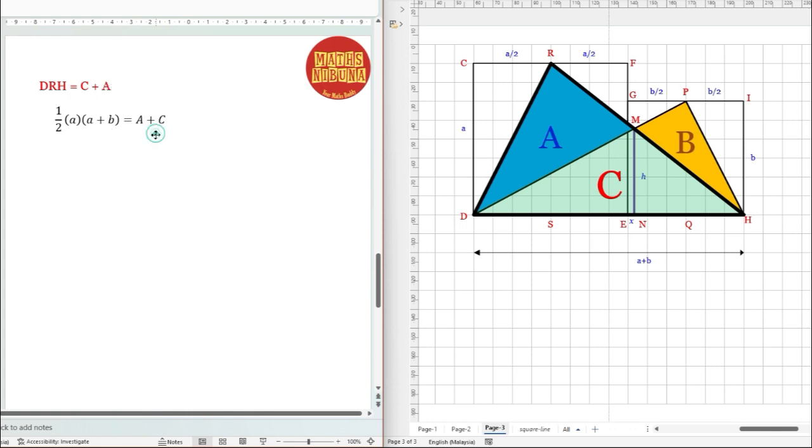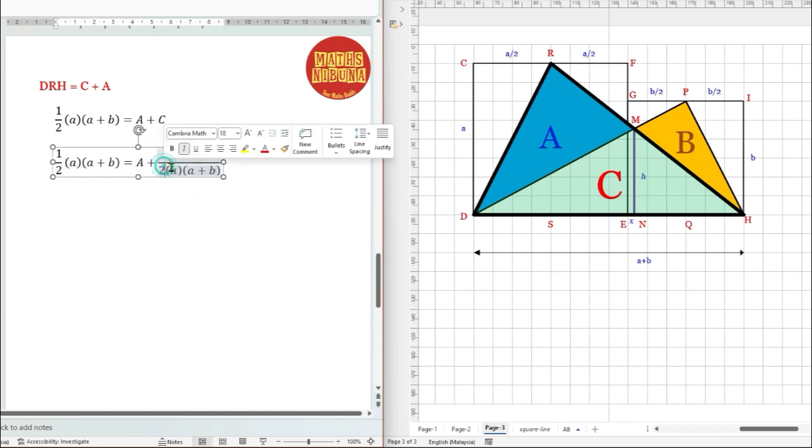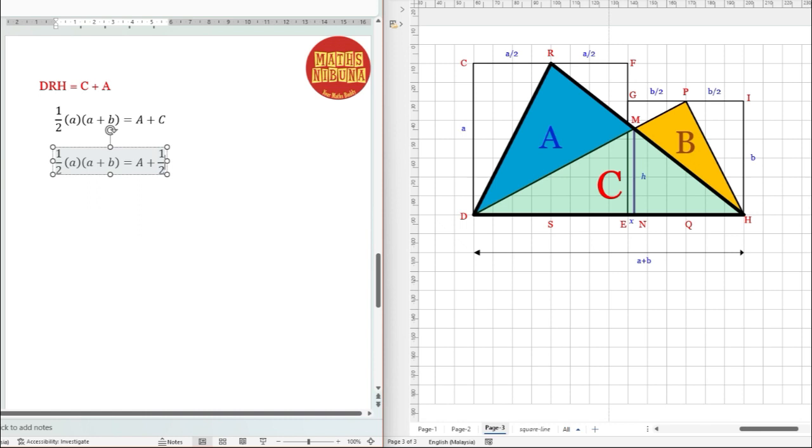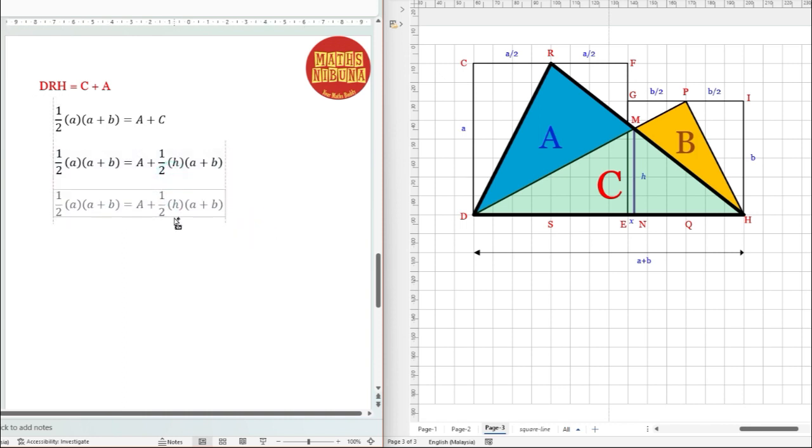C is equal to 1 over 2, height is h times base is A plus B. So from here I can say that my A is equal to half of this one minus C, correct?